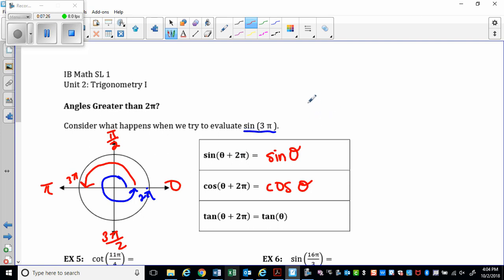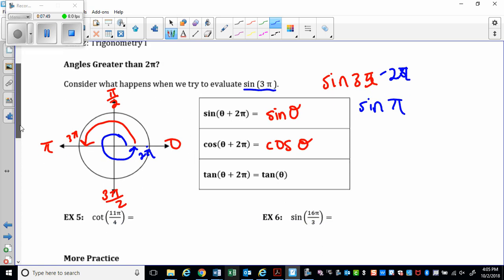Subtract multiples of 2 pi until we get under 2 pi. So we have sine of 3 pi. Well, let's subtract 2 pi from it. Okay, 3 pi minus 2 pi is sine of pi. And this is going to be our reference radian.